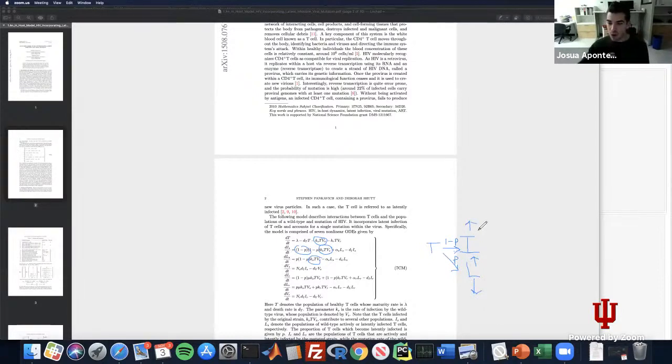So that's basically the model with respect to one virus, right? And then these infected cells produce virus. The virus dies, and then the virus comes here and infects the cells.